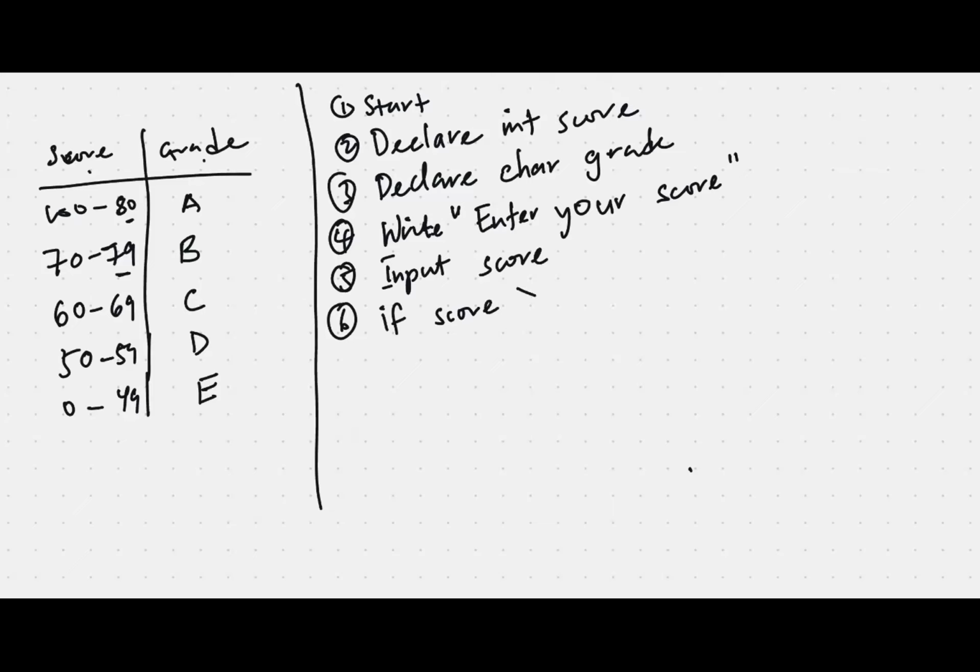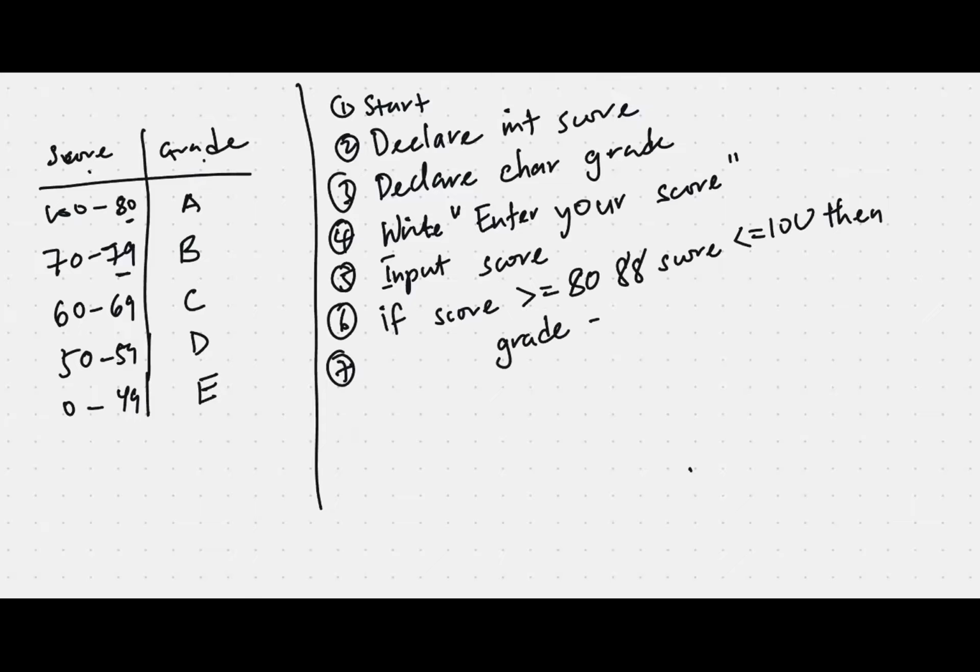And the gentleman was telling us that we can use the and, score is less than or equal to 100. Then we do number 7, grade is equal to A.